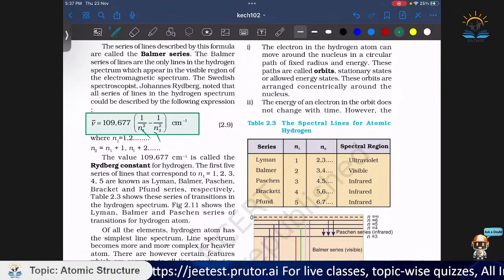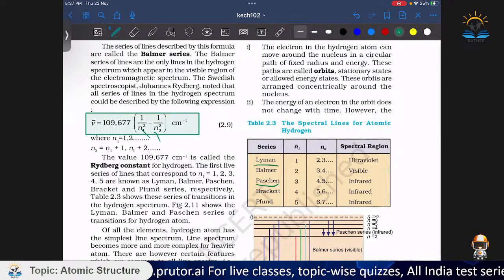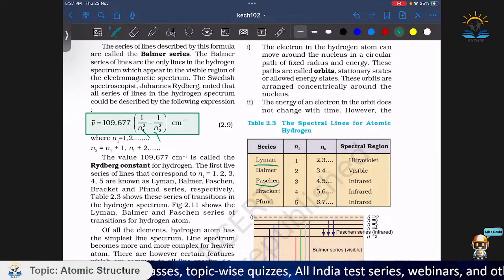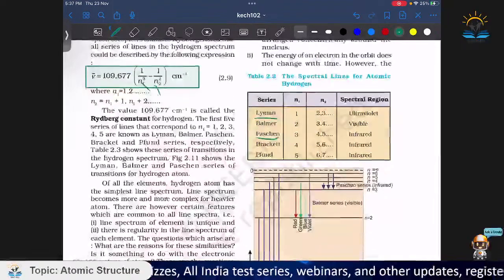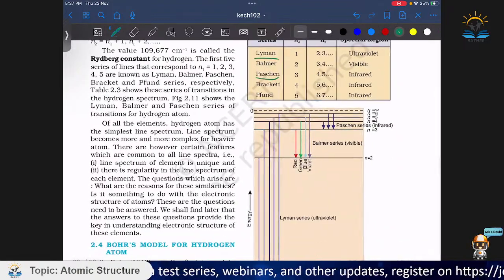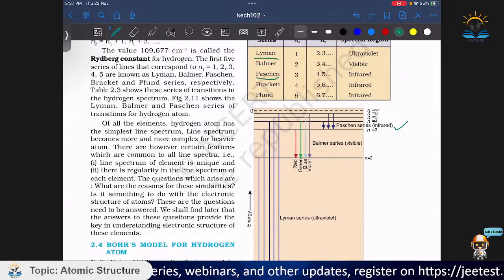Suppose it comes from energy level 3, the Paschen series, to energy level 1. So n2 will be 3 and n1 will be 1. So 109677 into 1 by 1 square minus 1 by 3 square. That is how you calculate the wavelength of the photon which has been emitted. Okay, here see, the Paschen series is infrared.